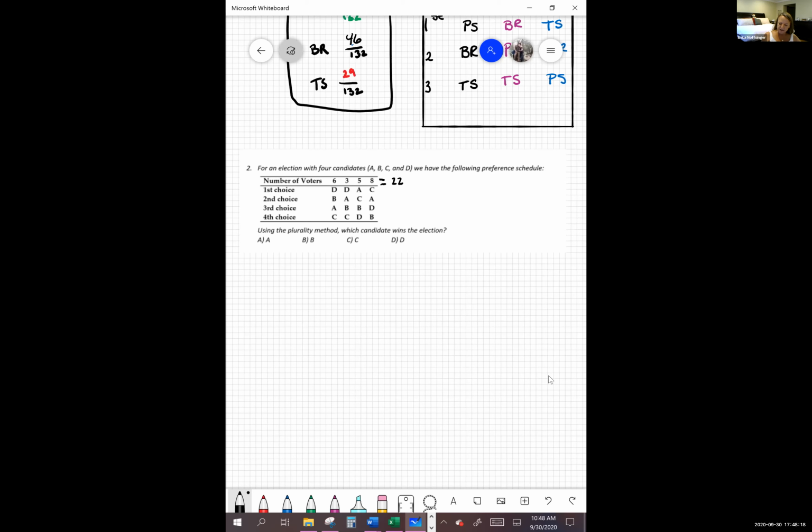And so if we look at the number of first choice, and this is election we are having for the preference schedule using the plurality method. So looking at who got the most number of votes. And so D in this case has 9 votes, A has 5 votes, and C has 8 votes. So in this case, D would win.